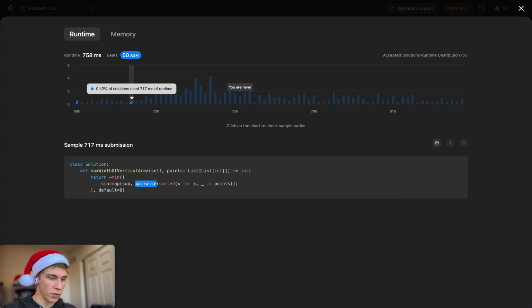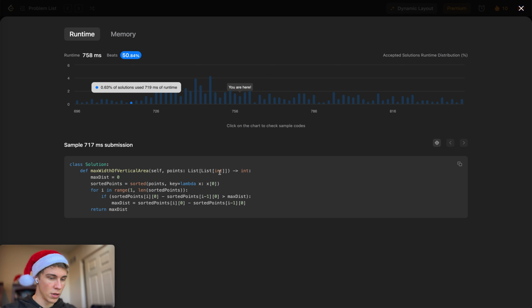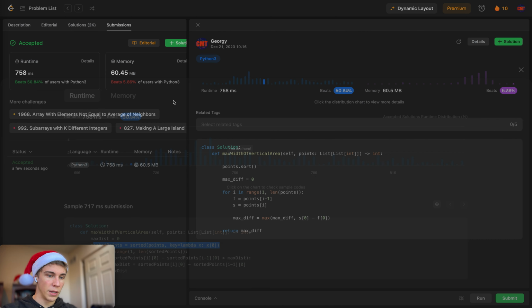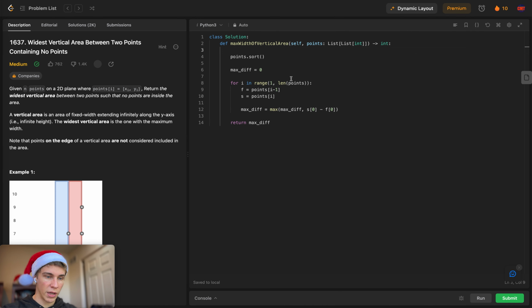I don't know that function. Sorted with a lambda on the points, we're doing the same thing, we're sorting. Let me check one thing. I would like to see if I can actually sort this by key, lambda x: x[0].